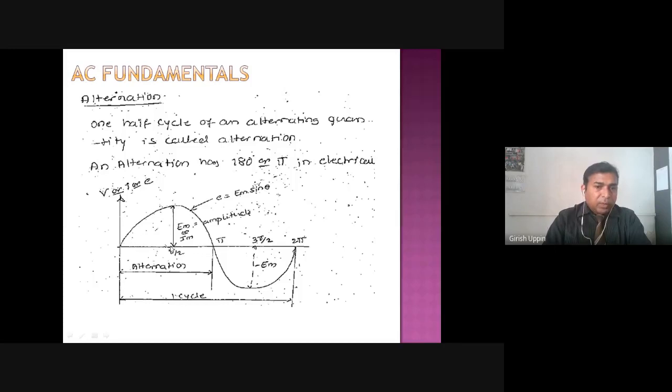At pi by 2, this is the value of Em or Im, and this waveform is represented with e equal to Em sin theta or i equal to Im sin theta, and this is the amplitude. So whenever you are representing an alternating quantity with a waveform, the most important things to represent are the time period and the peak value. Once you represent the time period and the peak value, we can write the equation for that particular waveform.